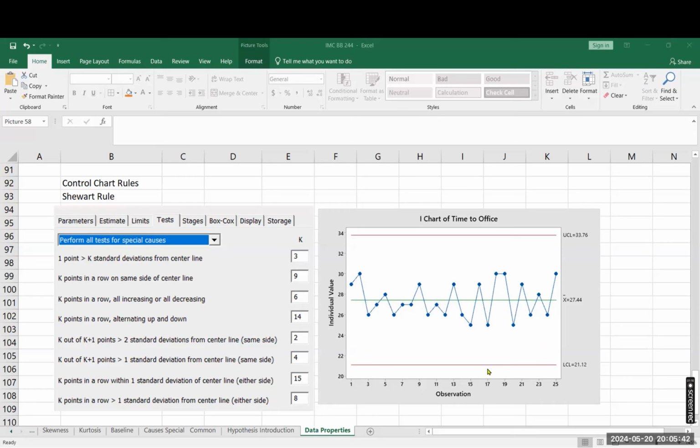Rule number 2: k points in a row on the same side of the center line. If you have 9 data points continuously on the same side, either below the average, which is the green line, or above the average line, then rule number 2 will fail. There will be a special cause of variation.